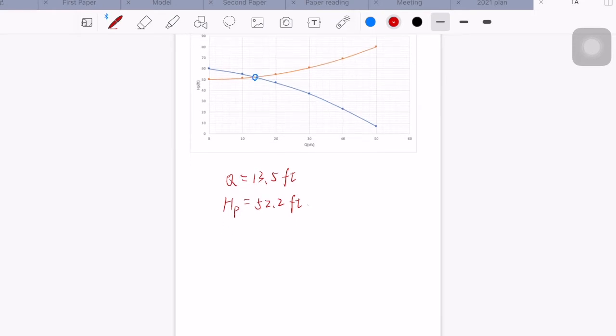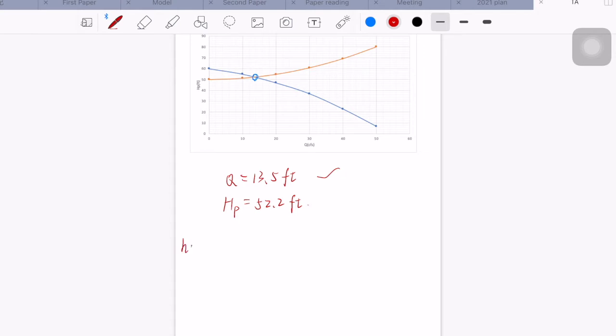Since we know the flow rate in the pipe, now we can determine the friction head loss between the pipe BC.